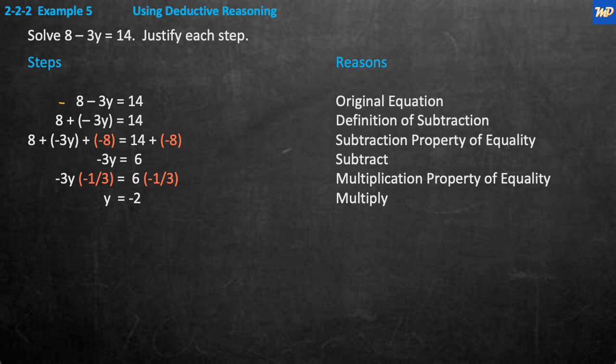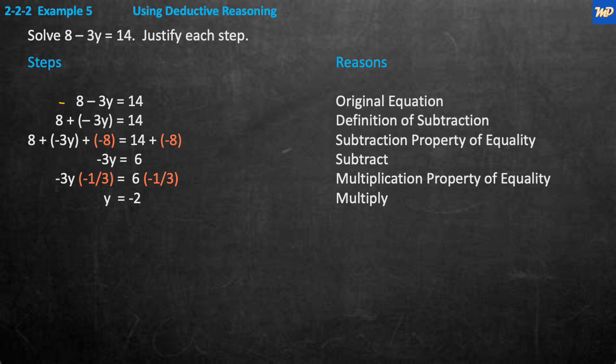So now we say 8 plus a negative 3y plus a negative 8 equals 14 plus a negative 8. That's the way I like to say it. I like to say plus a negative instead of minus, not that it would have been wrong. I could have said 8 minus 3y minus 8 is equal to 14 minus 8. You could do that, but I like it the way it is now.